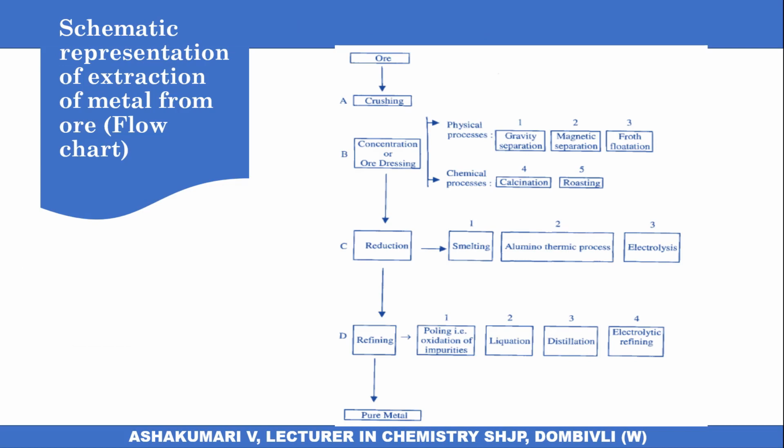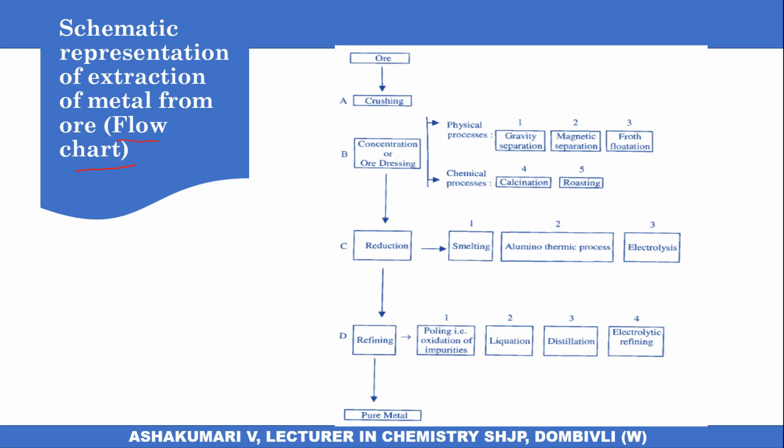This is the schematic representation of extraction of metal from ore. This is also known as a flow chart. This flow chart shows the different processes used in the extraction of a metal from its ore. Let me explain it now.